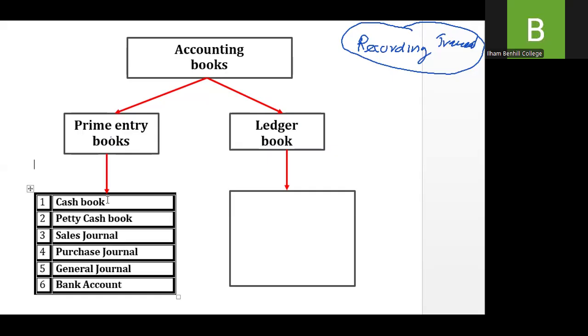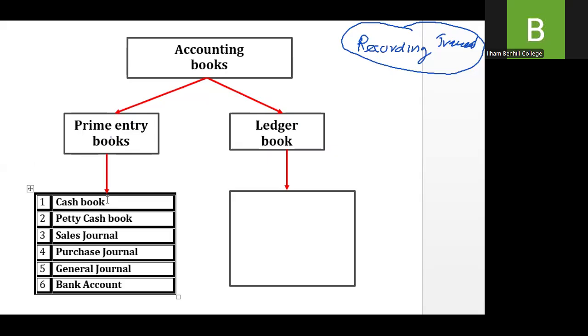For these 6 transactions, we can also discuss the opposite, which decrease cash. For example, cash drawings for the owner's investment, repayment of loan for obtaining a loan, cash purchase for cash sales, and payments to creditors for received from debtors. All of these decrease cash. So you can remember 12 transactions.